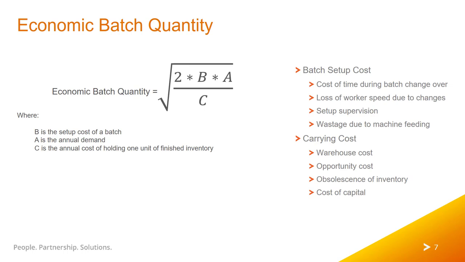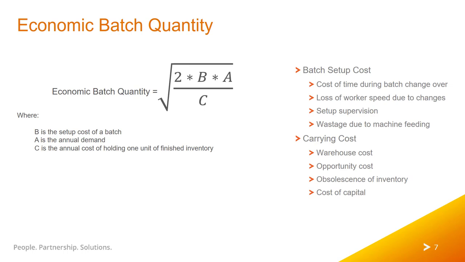We've thought already about the danger of obsolescence of inventory, where simply we make things where they either pass a shelf life, or we simply don't manage to sell all of them before the market changes. And we must think about the cost of capital, the money which is tied up in that, either directly or indirectly, has a cost to it.